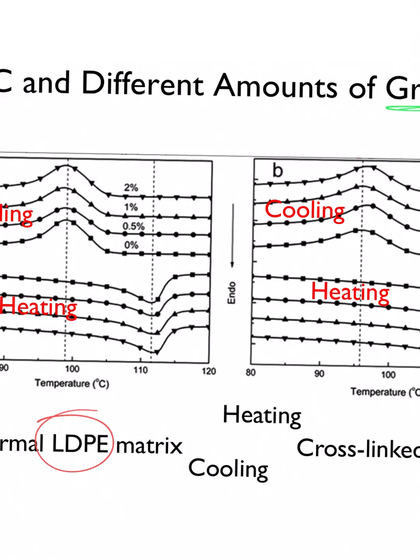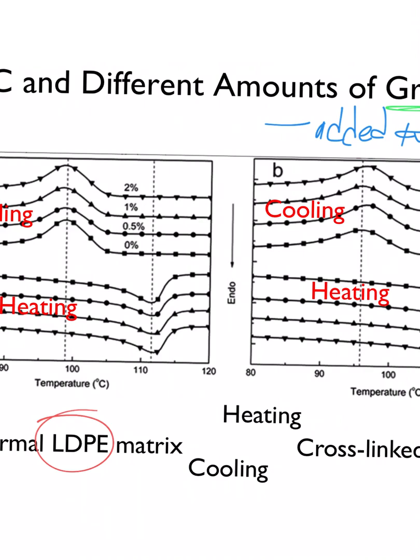And so I should also point out that this is different amounts of graphene added to 45% carbon black. So they're just trying to see if it makes it a little bit better. So there's still plenty of carbon black in here. It's not just graphene only.